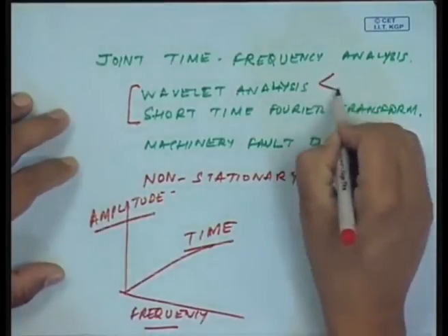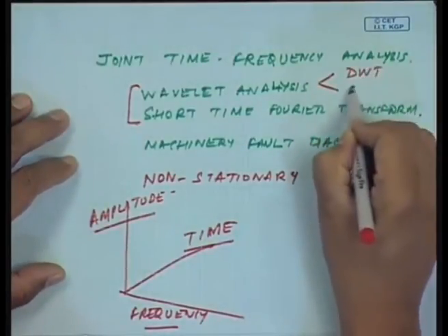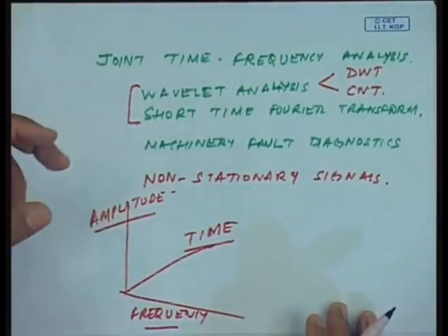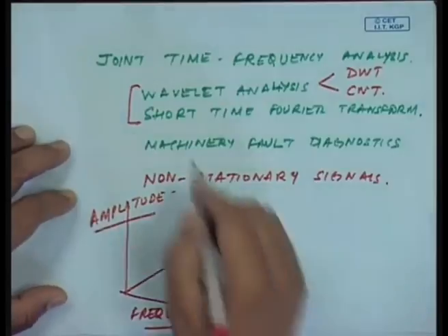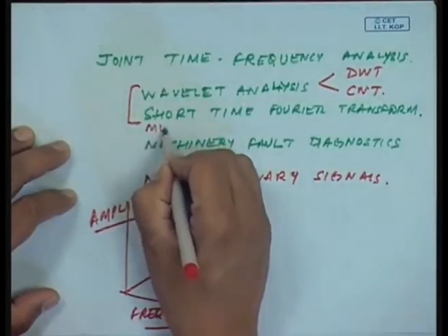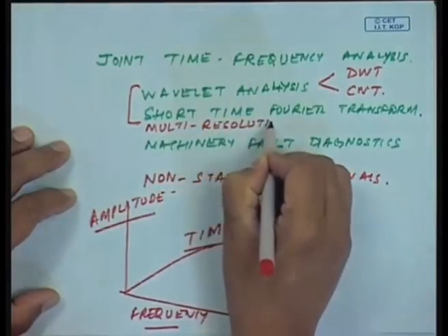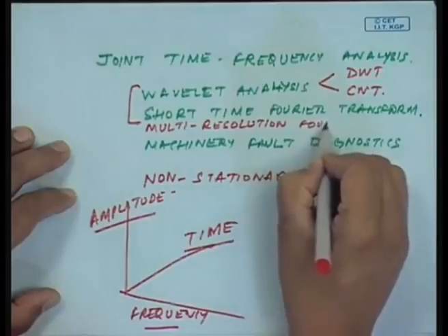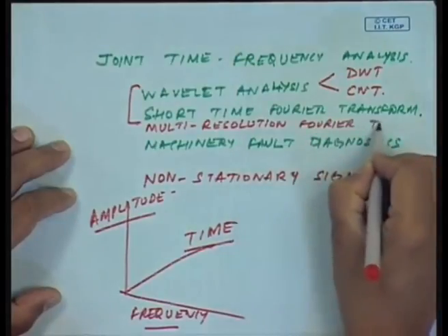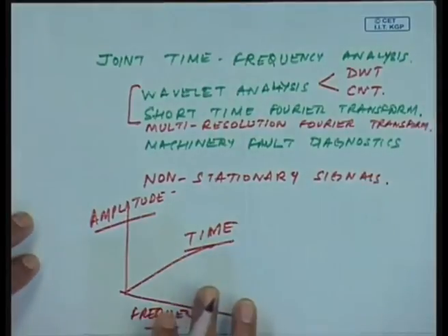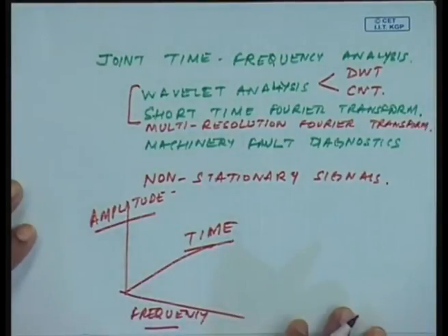Wavelet analysis also has two types, the discrete wavelet transform and the continuous wavelet transform, and then there are the short time Fourier transform and the multi resolution Fourier transform also. But we will not stress on this in this course, being the very first course in machinery fault diagnostics and signal processing.